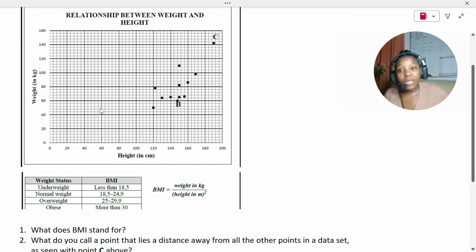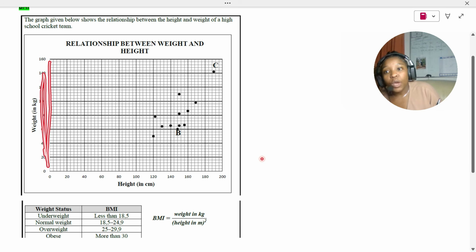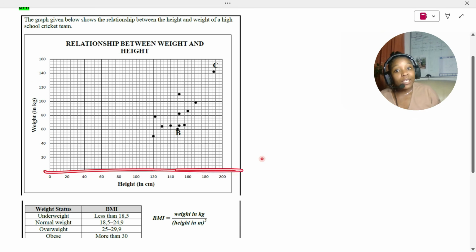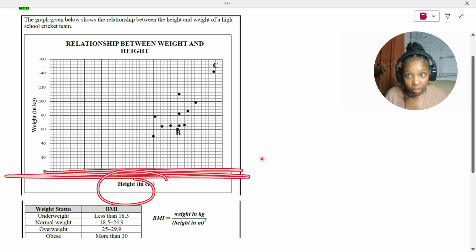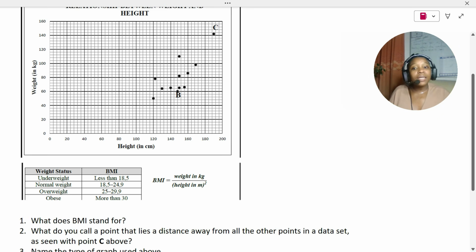We're going to be using this graph to help us answer the given questions. On our y-axis we've got the weight in kilograms, and on our x-axis we've got the height in centimeters. Remember we spoke about this: when you're calculating your BMI, it needs to be in units of kilograms per meter squared.